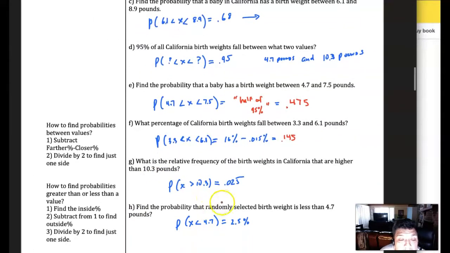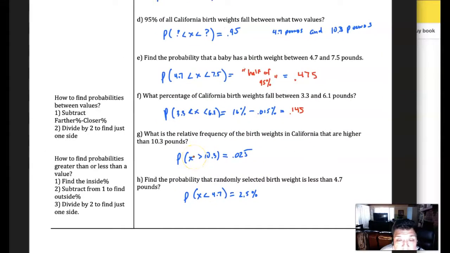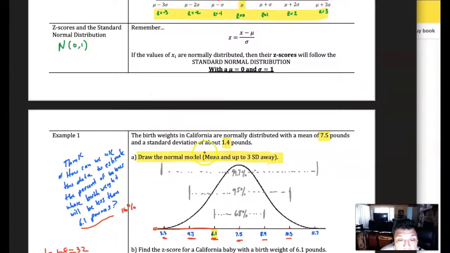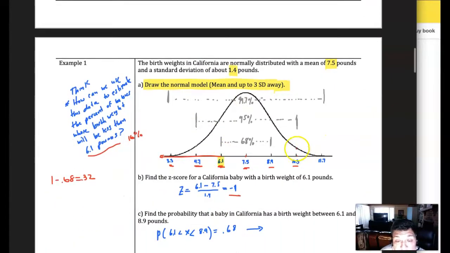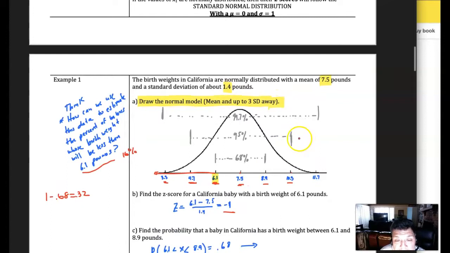And then the last one was the relative frequency of greater than 10.3 pounds. Greater than 10.3 pounds is here. All of this is 95. Another important piece is to recognize that if this is 95 here, there's 2.5% left over here and 2.5% left over on this side.